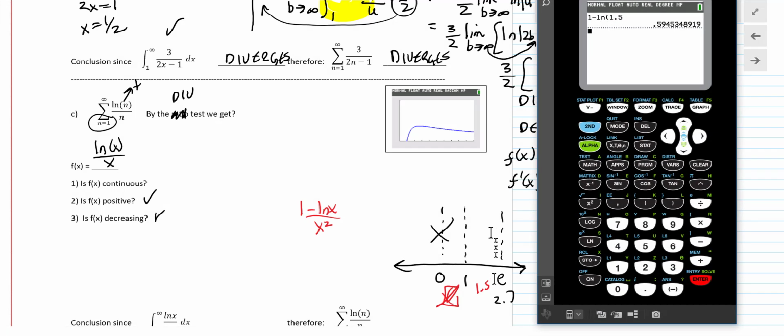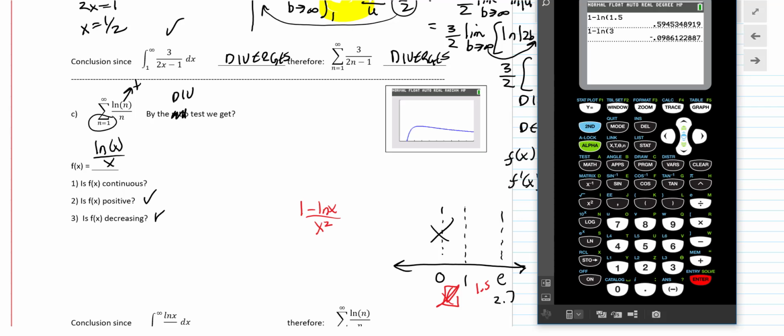I'm going to do one more thing here. Yeah, okay. Let's do 1 minus ln. There we go. Okay. It's going to end up decreasing probably after e, which will be okay.